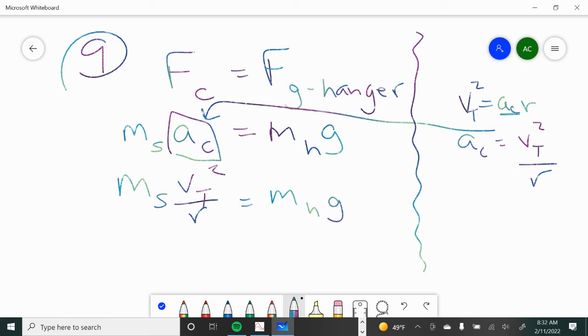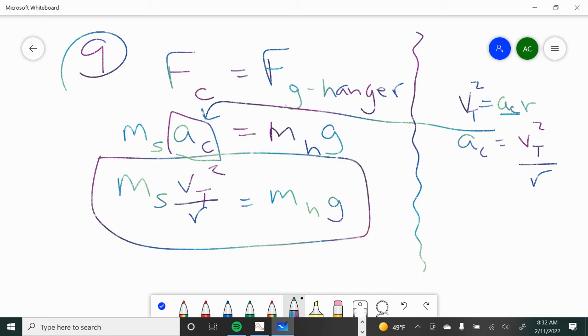So now, that gets us through number 9 because we have an equation with the mass of the stopper, the tangential velocity, the radius, the hanger, and gravity. I have all of that in number 9. So this is the final thing you're going to put for number 9.